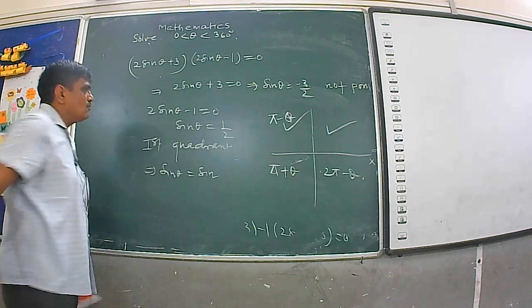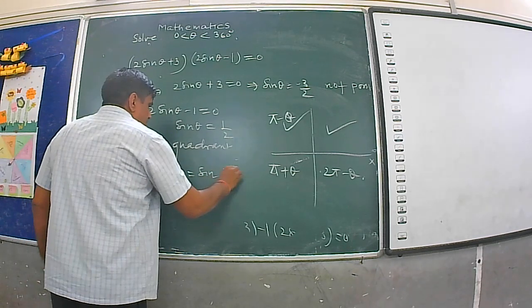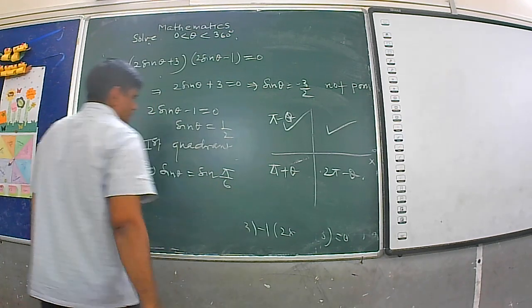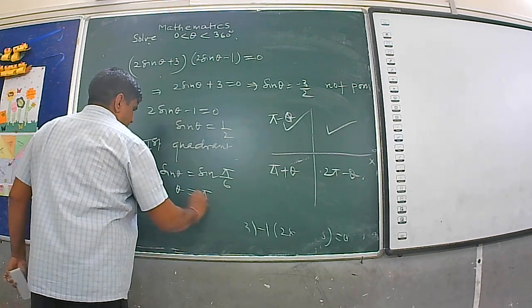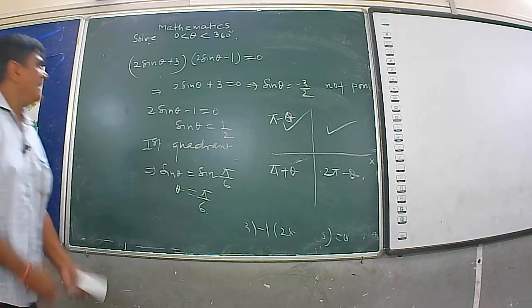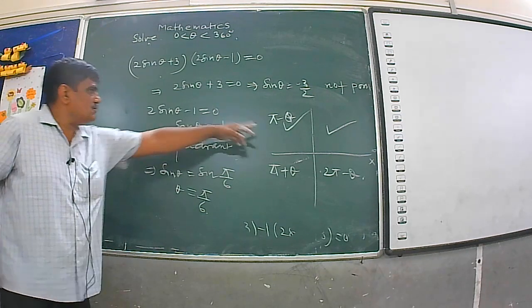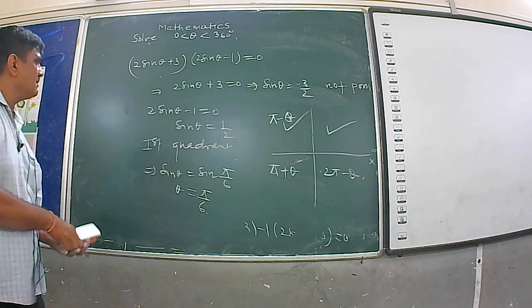One by two is the value of sin 30. Theta is equal to pi by 6. And sin theta is positive for the second quadrant.